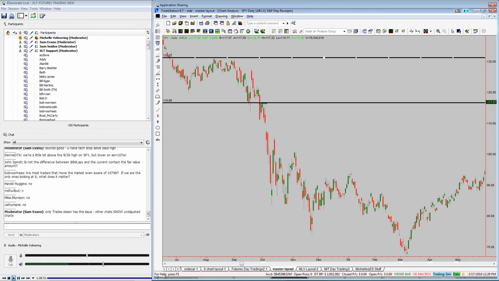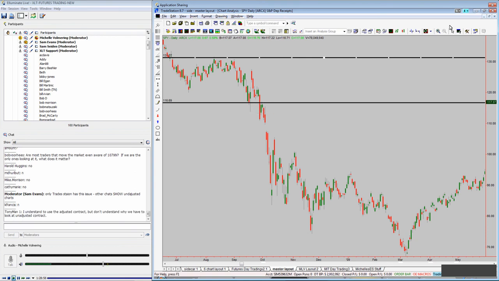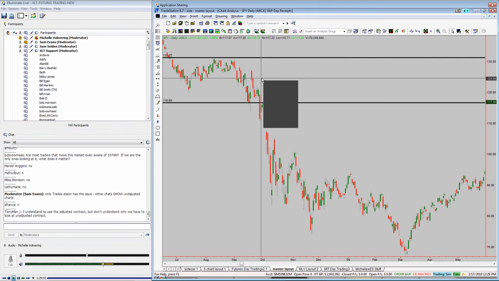Now, if we were discussing this level, you see this 1116.69 high. Let me make sure that that is the extreme high. It was 116.74, excuse me. Let me just put that price down here: 116.74. All right, that was the high on the 30th of that year.